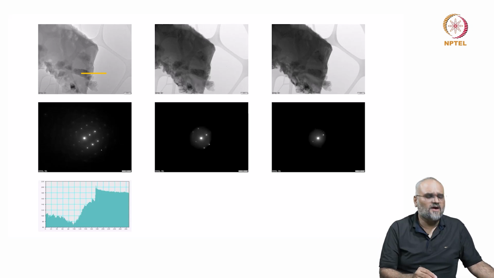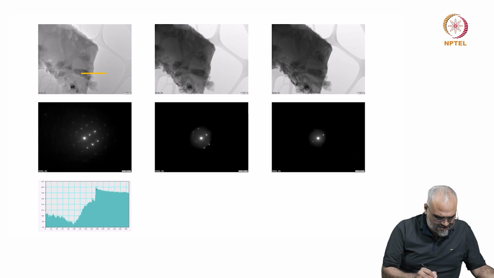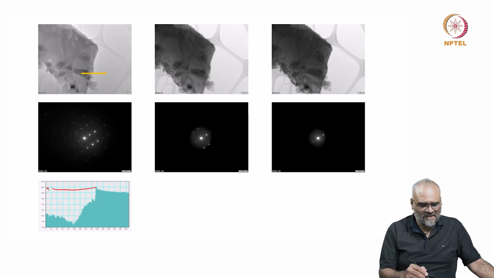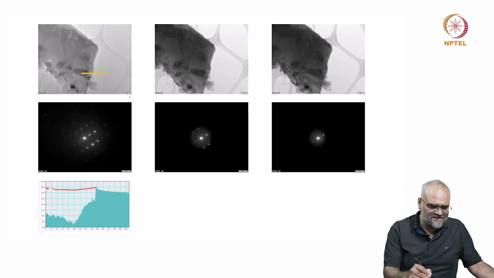When there is no objective aperture inserted, you can see the peak intensity at this region right next to the edge of the specimen is somewhere around 200, 210 counts. This is a grayscale image which is displayed from 0 to 255.